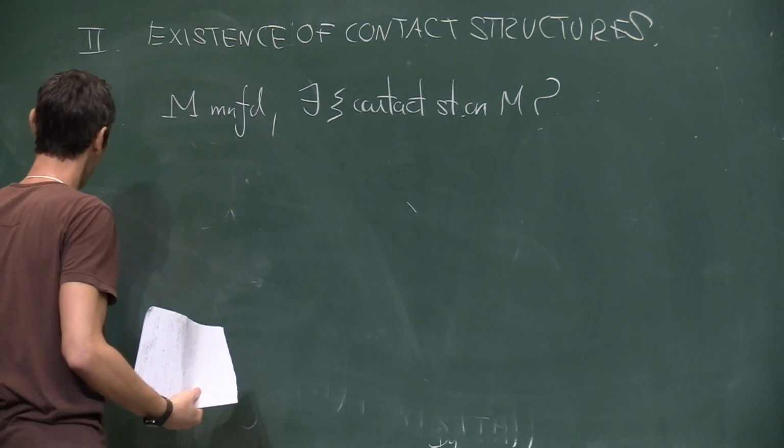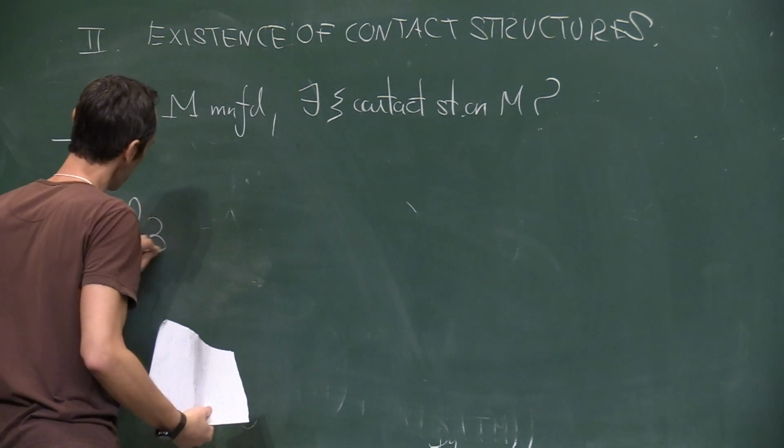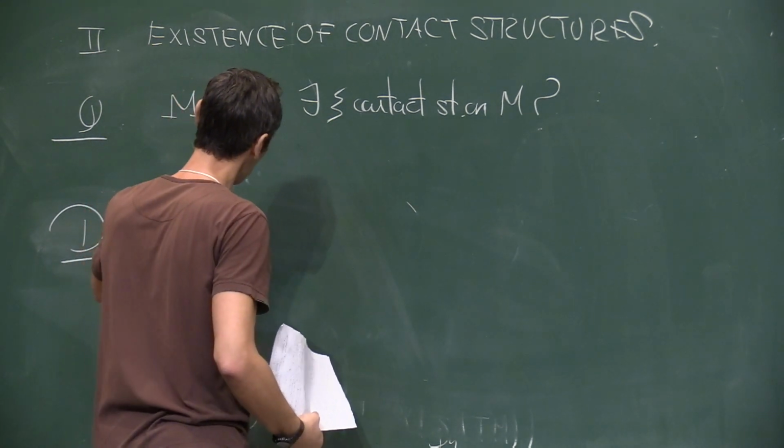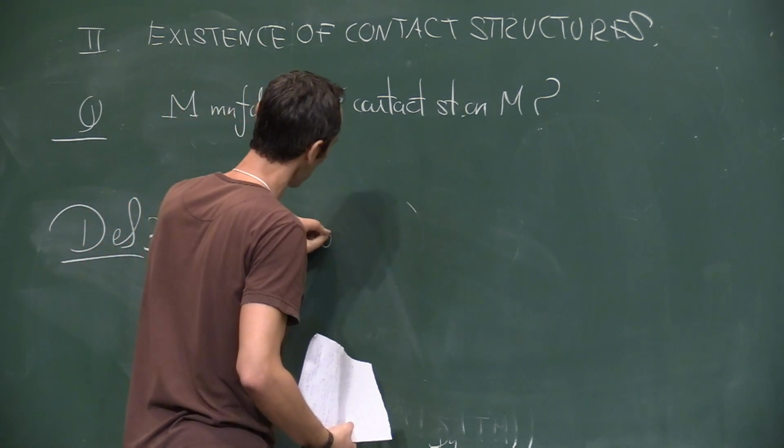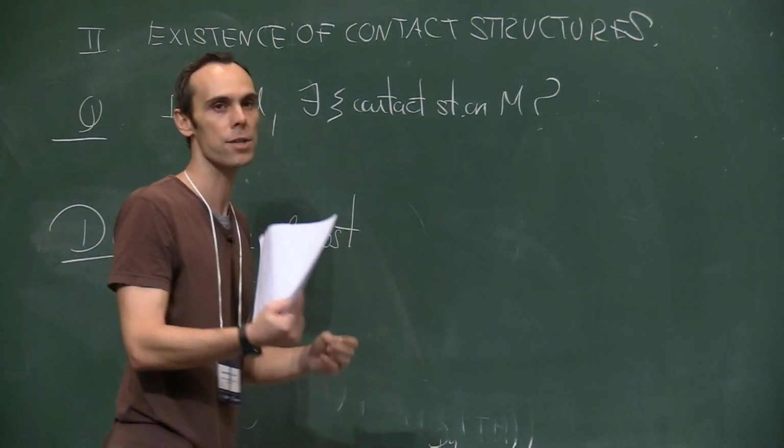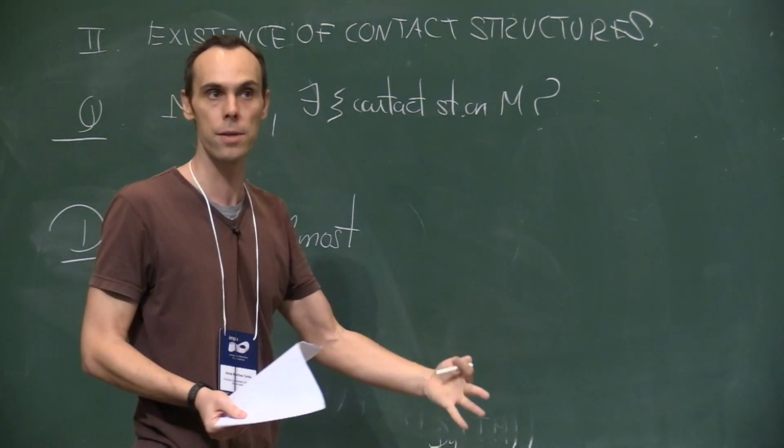Okay. So the definition is an almost contact structure. It's very similar to an almost symplectic structure on a symplectic manifold that you possibly saw this morning.